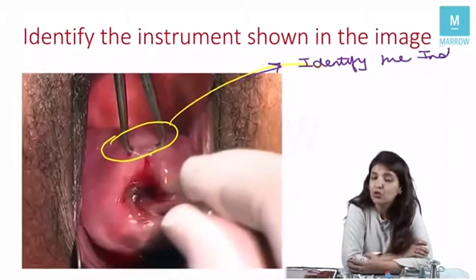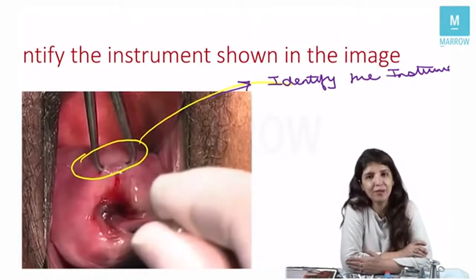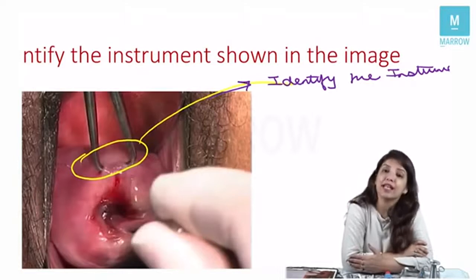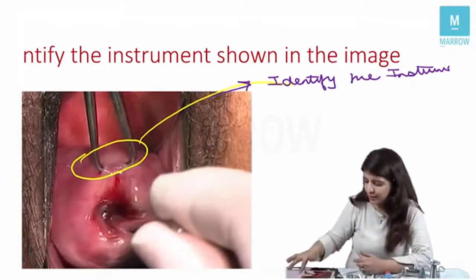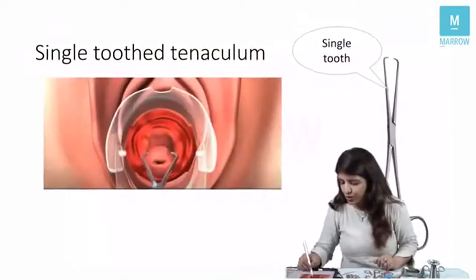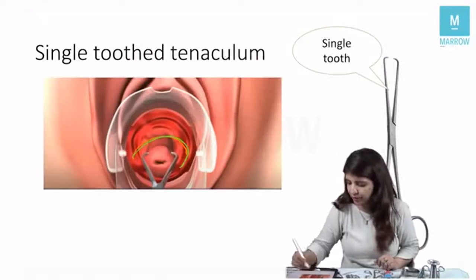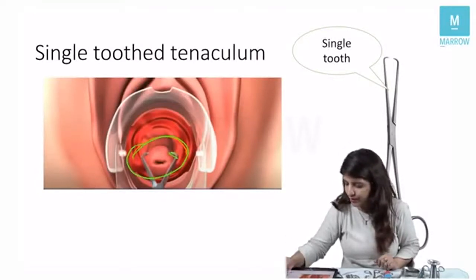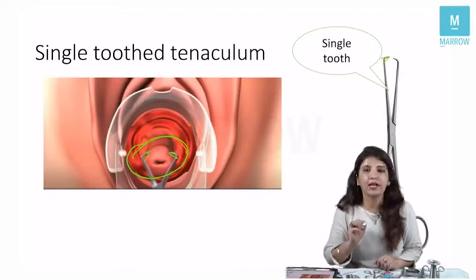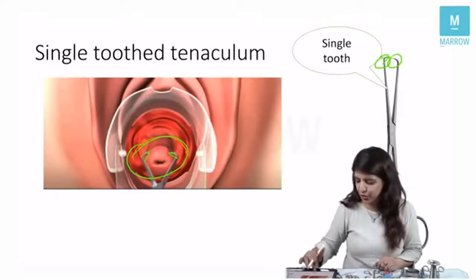This instrument is called either a single toothed vulsellum or a tenaculum. I don't have a tenaculum to show you, but this instrument over here is holding the lips of the cervix with a single tooth. A single toothed vulsellum has a special name, tenaculum. So now I have told you three conditions.